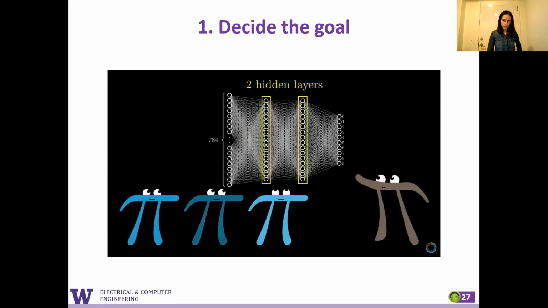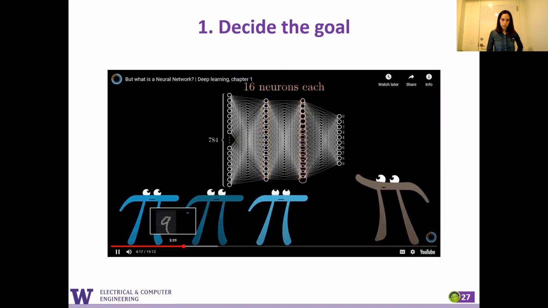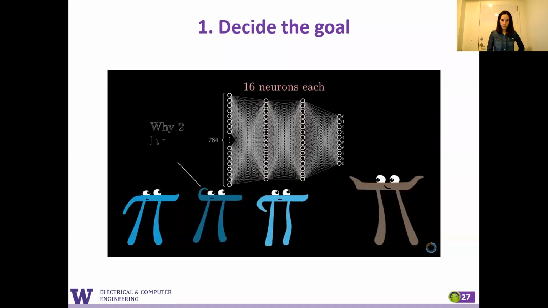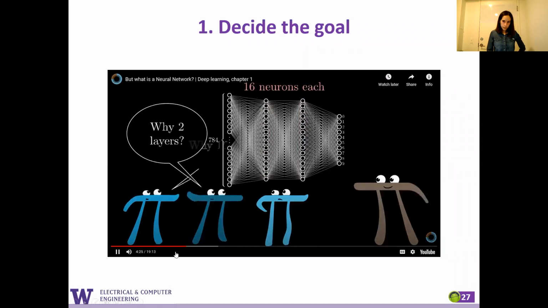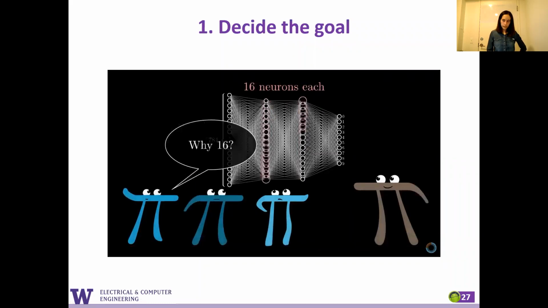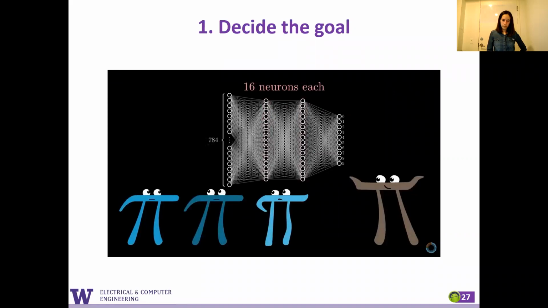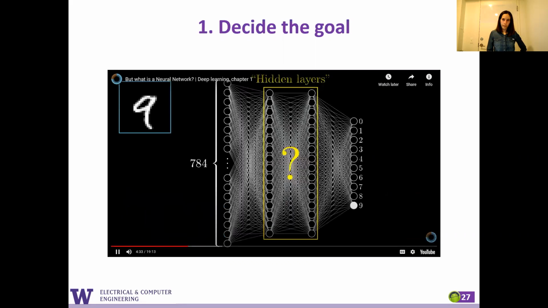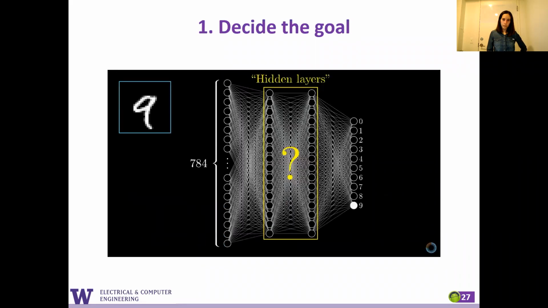In this network, I chose 2 hidden layers, each one with 16 neurons. And admittedly, that's kind of an arbitrary choice. To be honest, I chose 2 layers based on how I want to motivate the structure in just a moment. And 16, well, that was just a nice number to fit on the screen. In practice, there is a lot of room for experiment with the specific structure here. The way the network operates, activations in one layer determine the activations of the next layer.